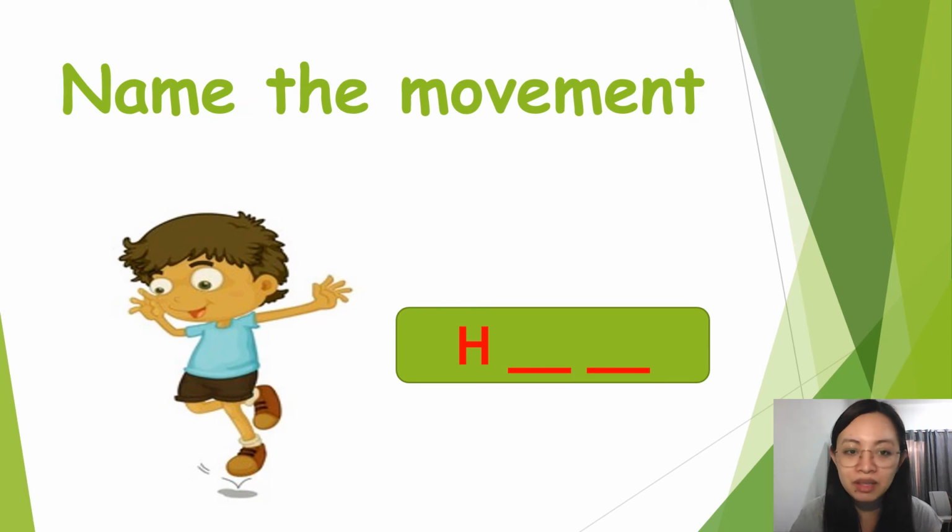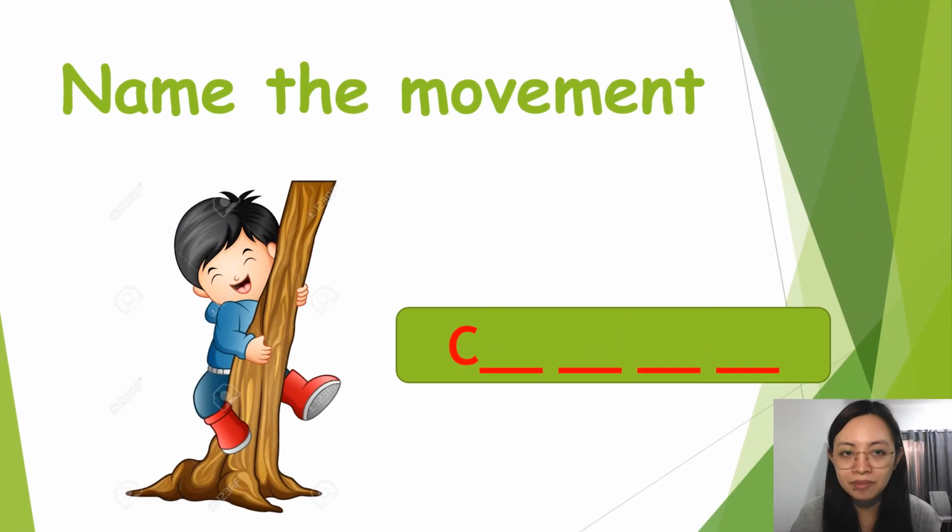How about this one? What's the boy doing? Look at his feet. Starts with letter H and only 3 letters. What's the boy doing? Very good. Hop. Okay, very good. Next one. Name this movement. What's the boy doing? Look at him, class.